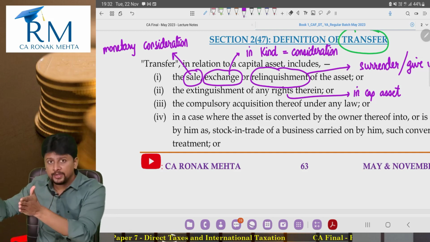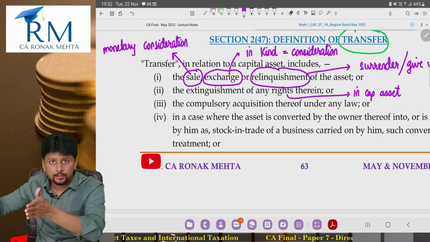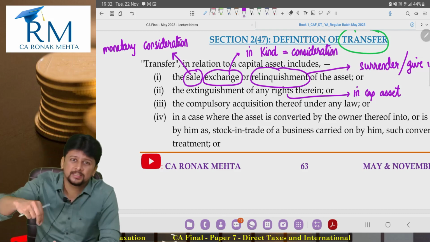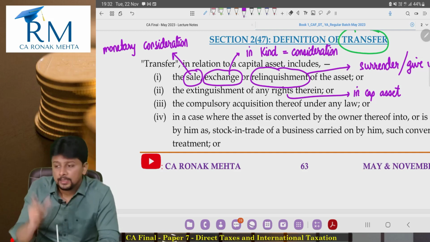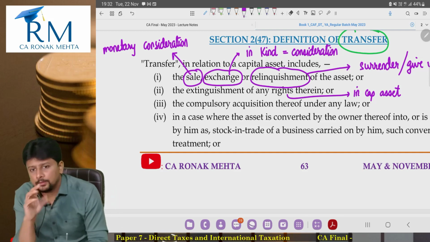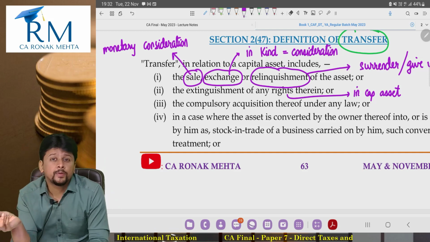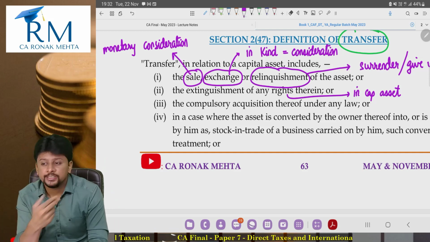So in the capital asset, what was the capital asset? The flat. In that you had a right, that's also a capital asset, and you are surrendering it, you are giving it up. That's why you may observe that practically relinquishment and extinguishment are used interchangeably.